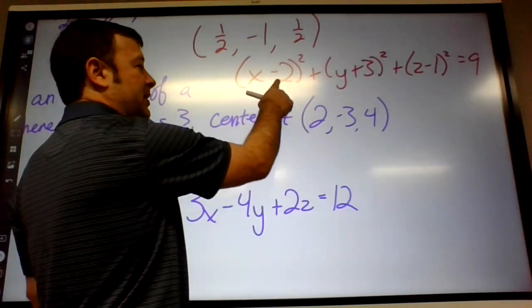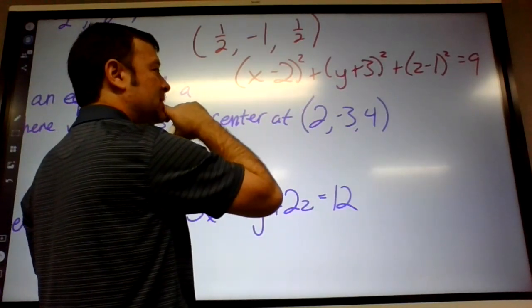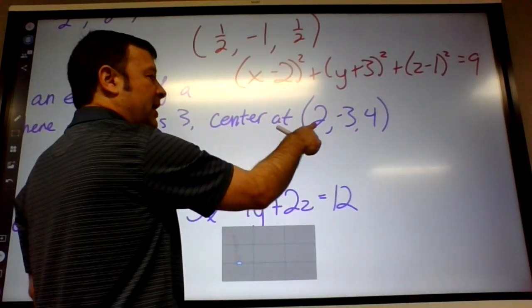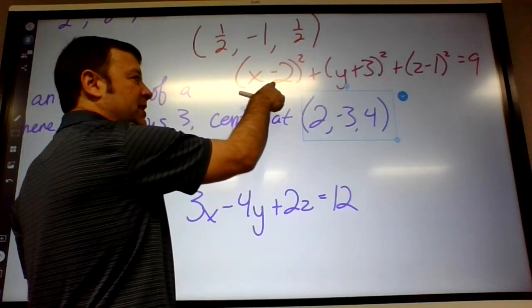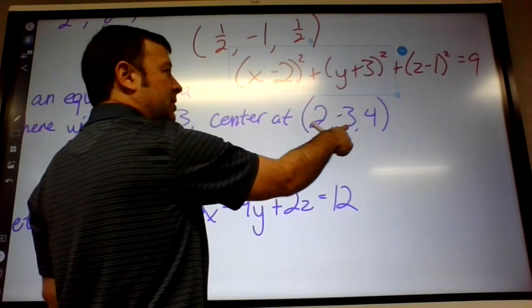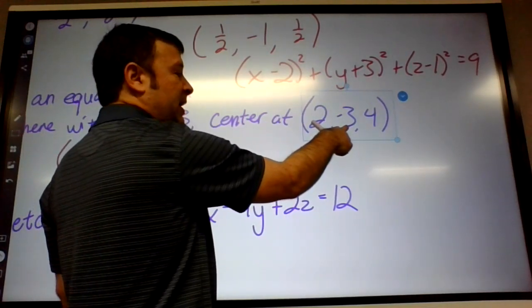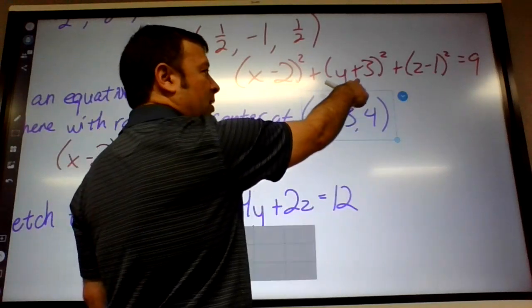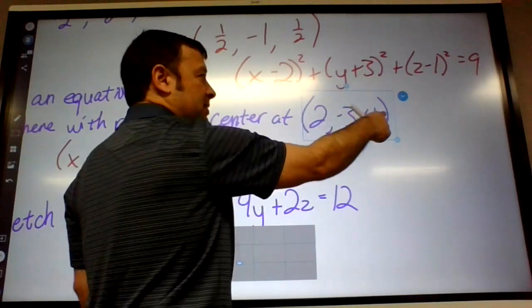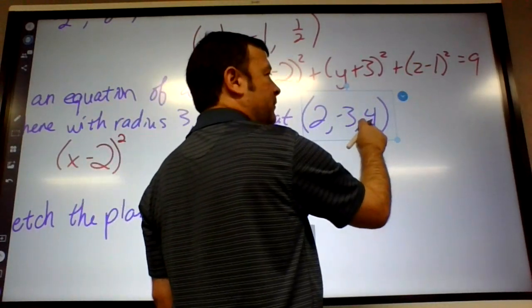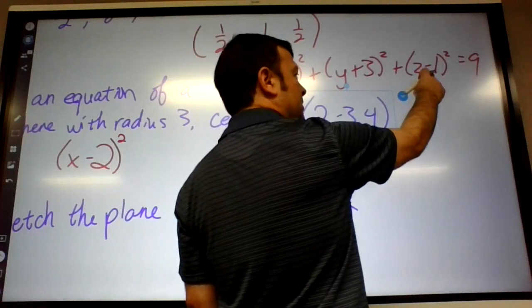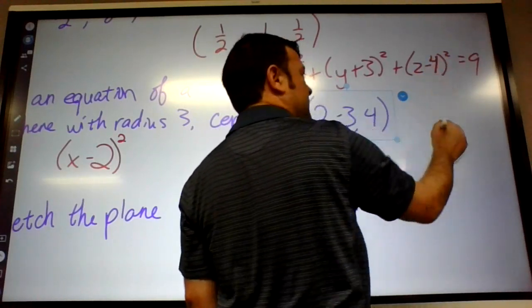I almost did the right answer when I wrote that. So, your x component, you just do the opposite, so it's x minus 2. And this moves backwards 3 in the y direction, that would be y plus 3. And this one, it's a 4, so guess what I should have put right here? Z minus 4.